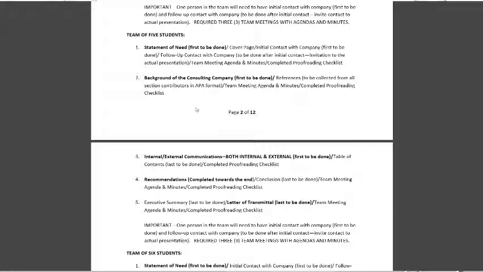Okay, the next person in the team might take on the background of the consulting company, which is one of the first things to be done. This is an interesting area because this is where you and your team members try to make your consulting company as credible, remember back to chapter 1, as credible as possible, and also as reliable and dependable.